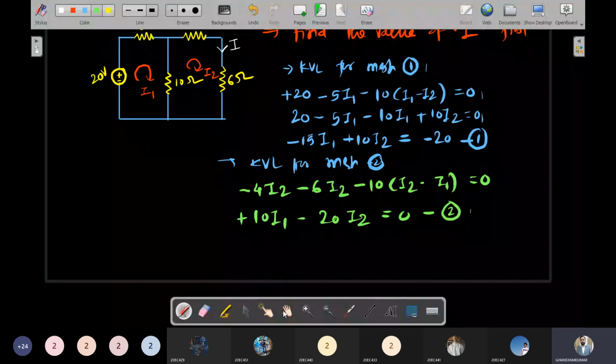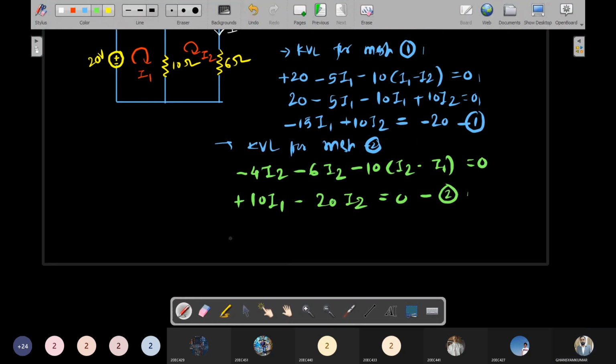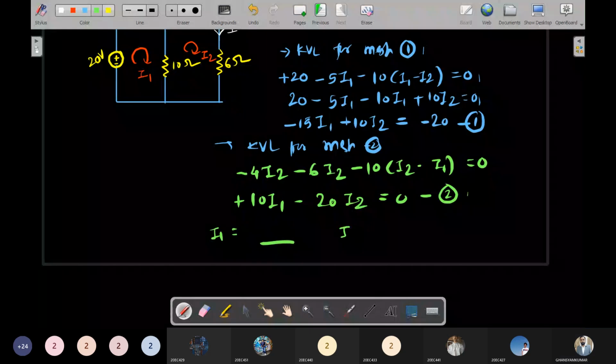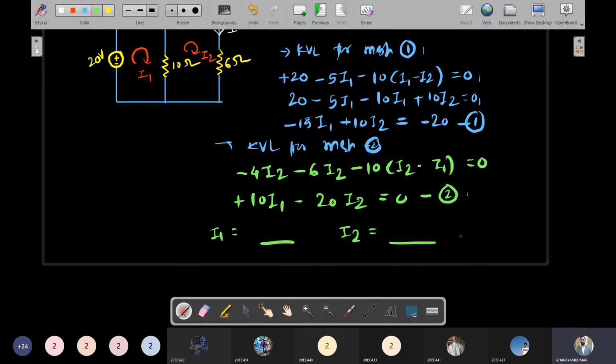Now solve this one. Find the value of I1 and I2 from equation number 1 and 2. Solve 1 and 2. Please tell me the answer quickly. What are you getting for I1?